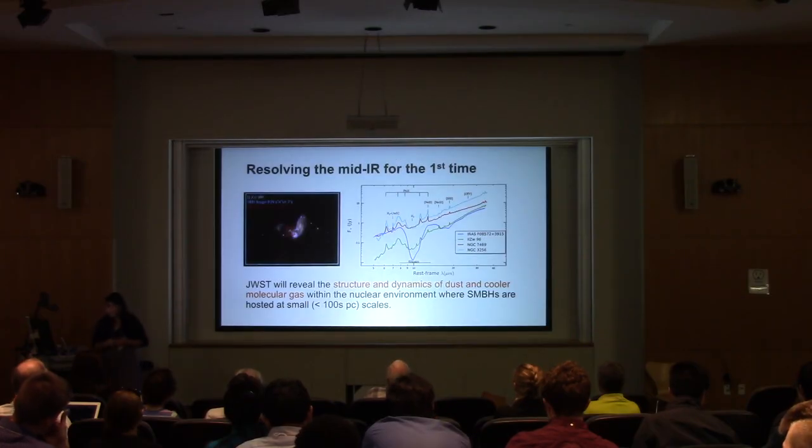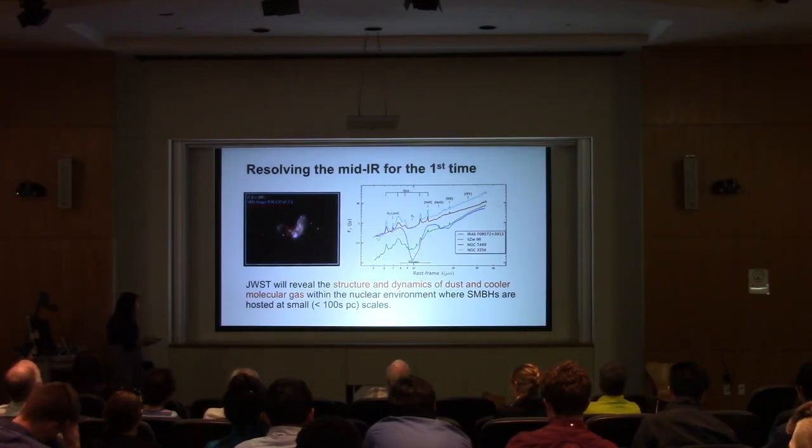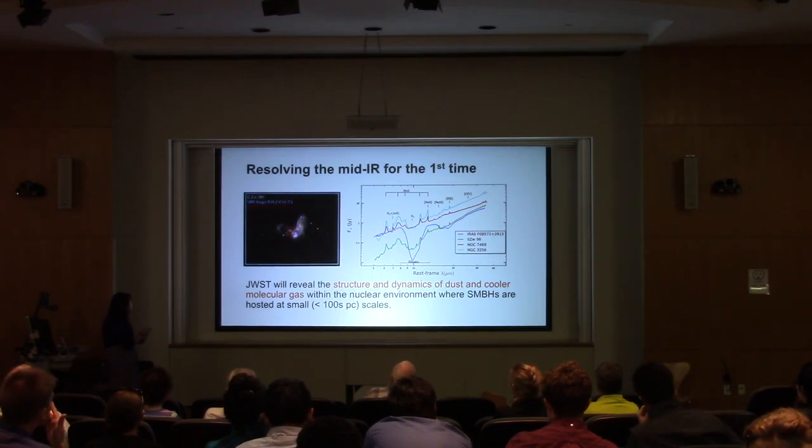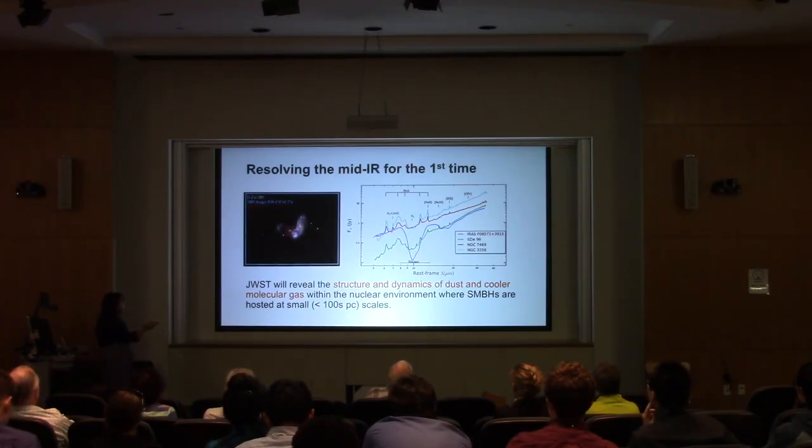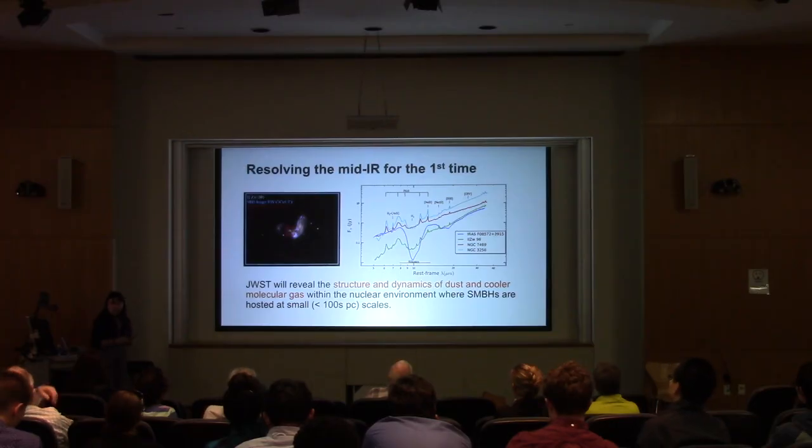But what it can really do for us is to be able to resolve the mid-infrared. To visualize, here is one of our LIRGs, II Zw 96, and it's a very interesting looking system with at least two galaxies merging. And over here in green is plotted its IRS spectrum, with the deep silicate absorptions and PAH features, et cetera. But all of this actually comes from one big slit.